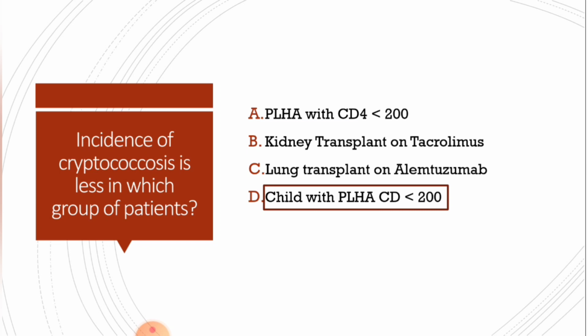The tacrolimus group of immunosuppressants have a synergistic effect with the prophylaxis, and the patients will present with lesser incidence of cryptococcosis compared to when the patients are treated with T cell inhibitors like alemtuzumab.